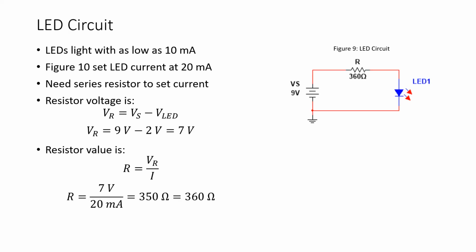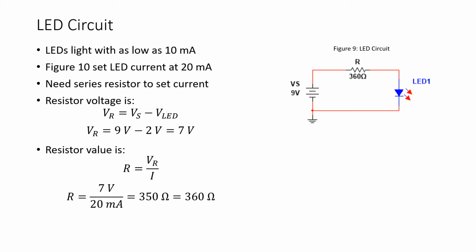Now, one thing that the technician has to do quite often is to design an LED driving circuit similar to that shown in figure 9. An LED will light with current as low as 10 milliamps, but we're going to select the value of the resistor required to have 20 milliamps of current through the LED.